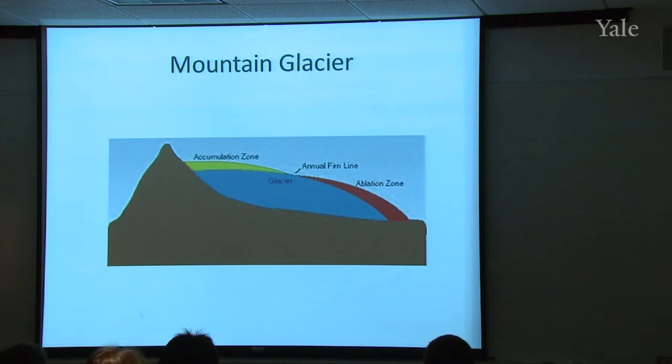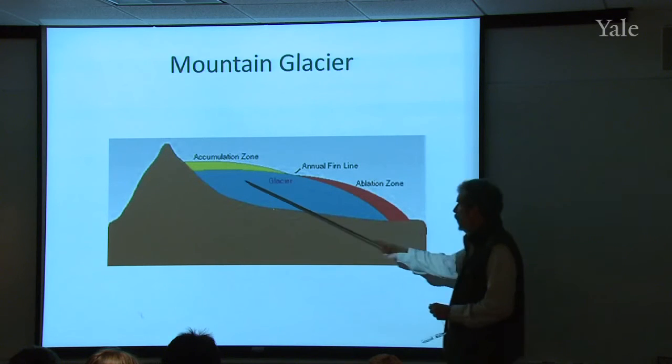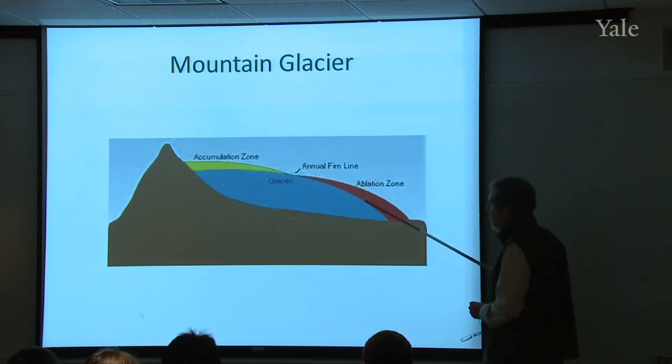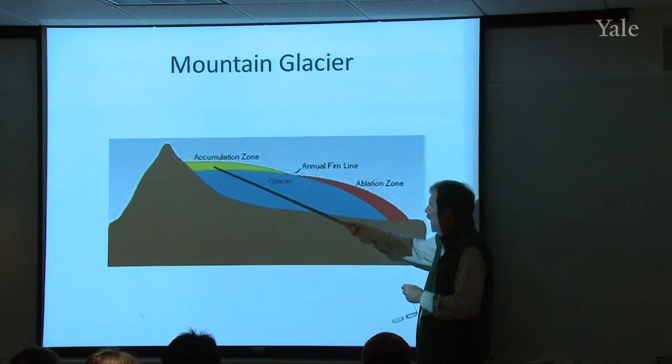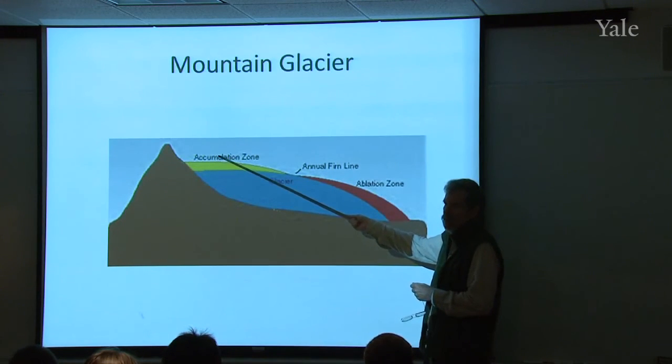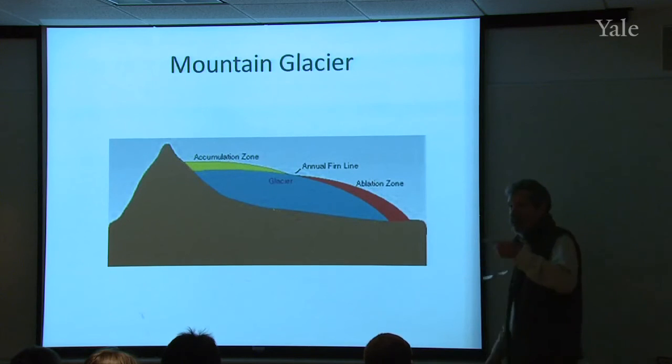Okay, now we'll turn to mountain glaciers. And there again, a bit like the ice sheets, you have an accumulation zone and an ablation zone. So every year, a full 12 months that goes by, you've added a bit of ice here, and that cannot continue.